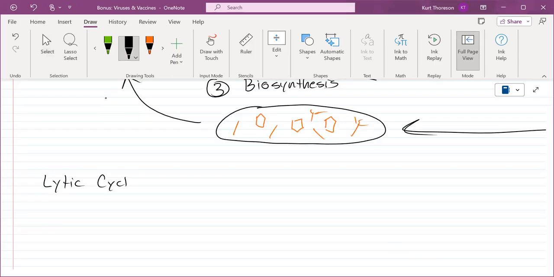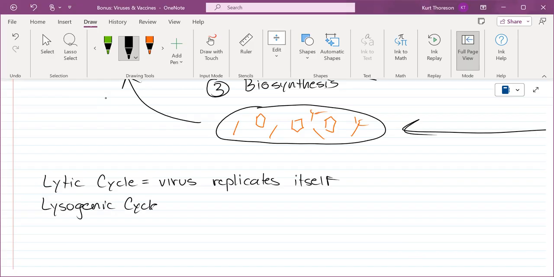When it comes to the lytic cycle, the virus replicates itself. When it comes to the lysogenic cycle, the viral DNA integrates with host DNA.